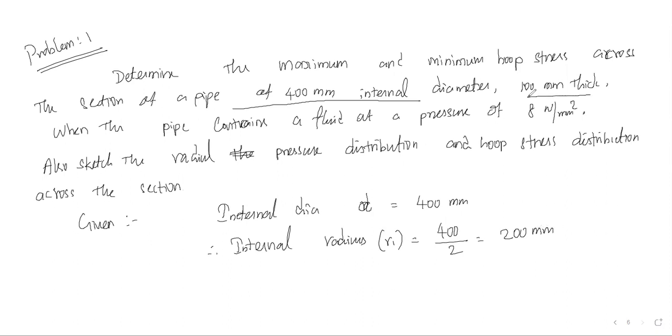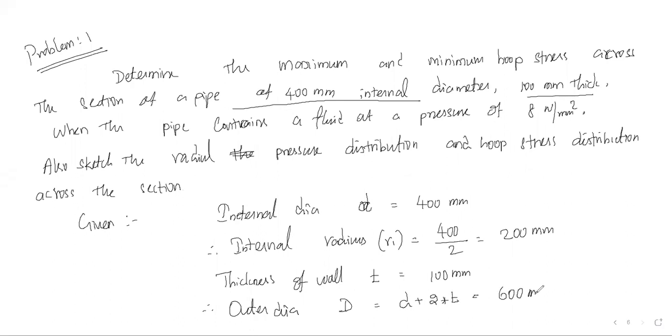Then they have given 100 mm thick, so the thickness of the wall t is equal to 100 mm. Therefore, the outer diameter D is equal to the inner diameter d plus 2 times the thickness, so it becomes 600 mm. Therefore, the outer radius R2 is equal to 600 divided by 2, which is 300 mm.